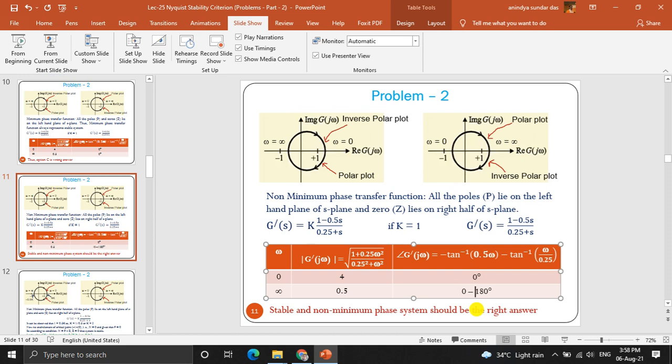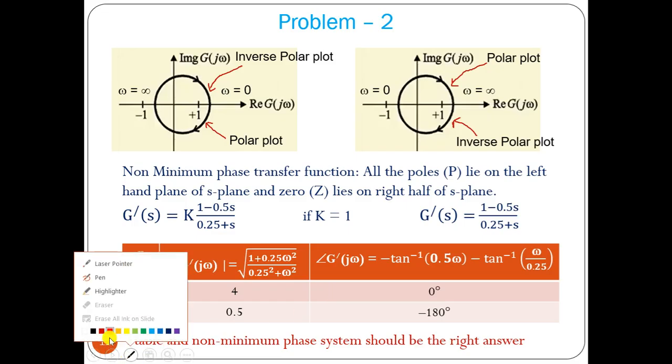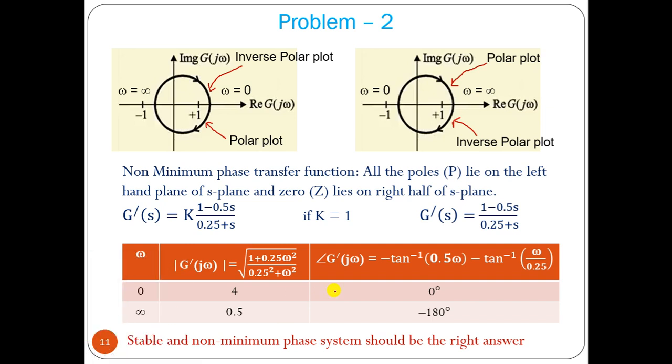This should be minus, because of the fact that we have this minus sign, minus 90, minus 180 degree. So this is your 4, starts at omega equal to 0, minus 90, minus 180 degree, and it reaches 0.5, and this should be the inverse polar plot.